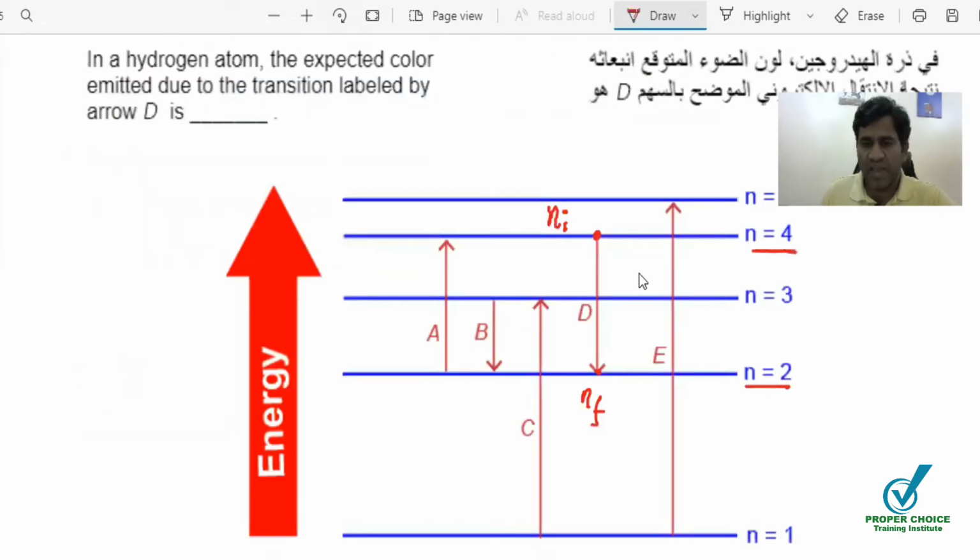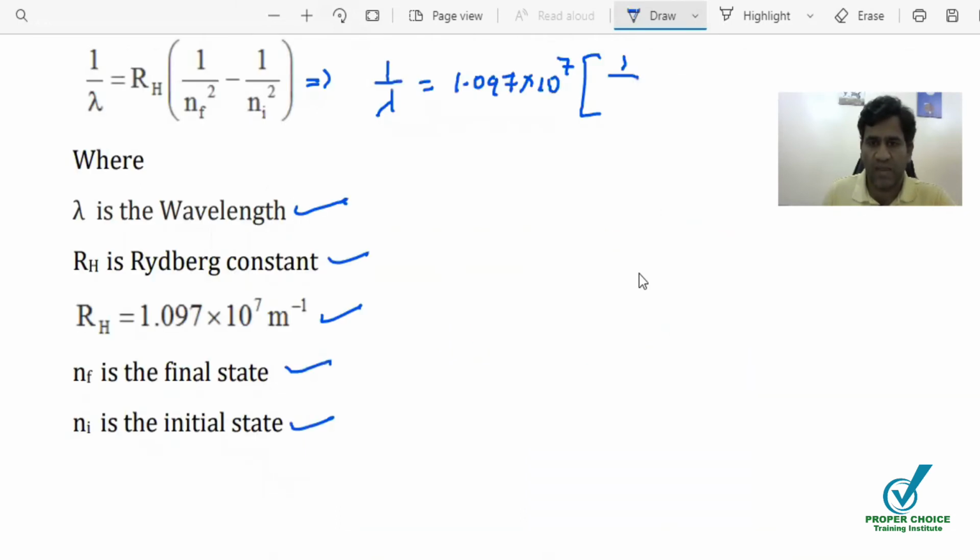As I said, nf here is going to be 2 and ni is going to be 4, from the diagram. So 1 by 2 square minus 1 by 4 square. Just substitute these values in the calculator.